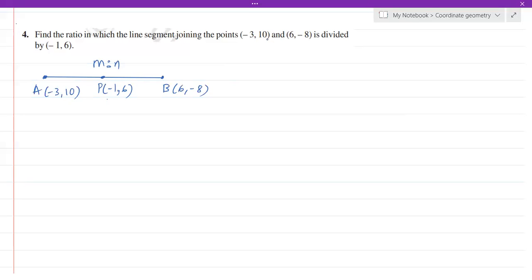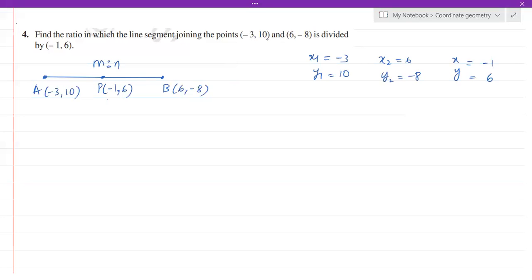Now from the question, x1 is minus 3, y1 is 10, x2 is 6, y2 is minus 8. What else is given? X and y, the point which divides the line segment, is given. X is minus 1, y is 6.